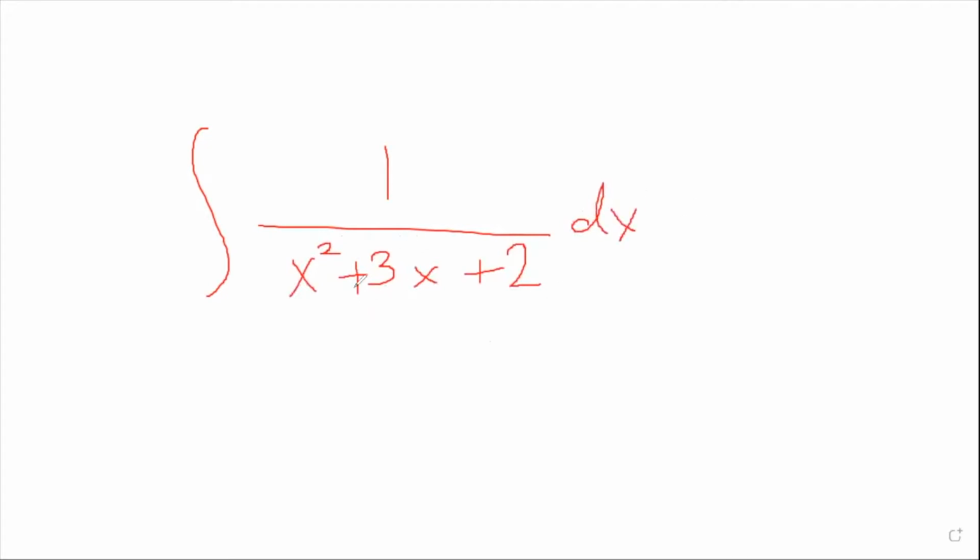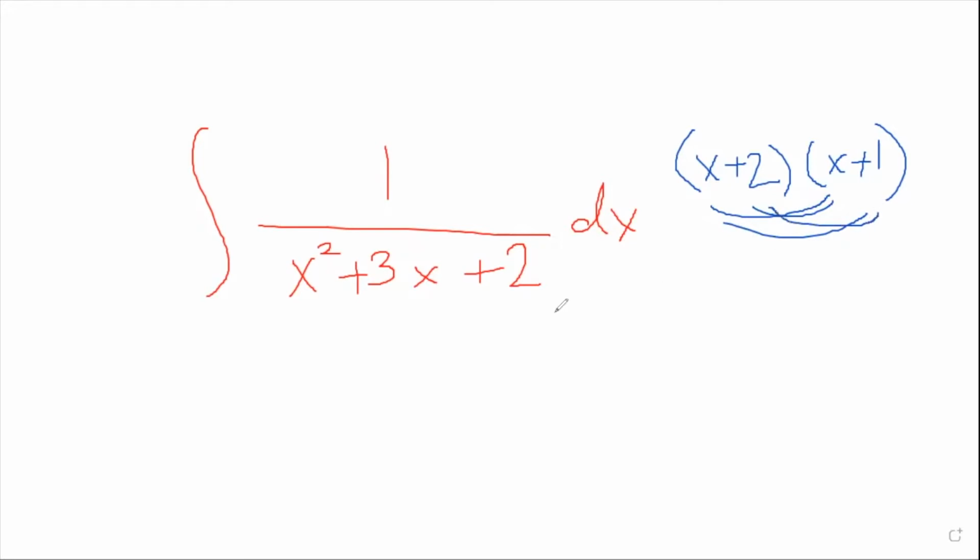Note the first thing: the bottom is really easily factored. We can factor this into x plus 2 times x plus 1. And if we FOIL, these two terms give x squared, 3x, and then finally plus 2 at the end.